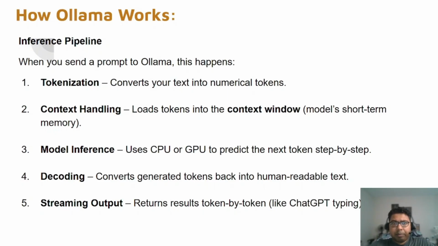This happens whenever we pass something to ChatGPT, which does the same thing, and Ollama also does it for us. Whatever we enter or chat or pass as a prompt, it creates numeric tokens.